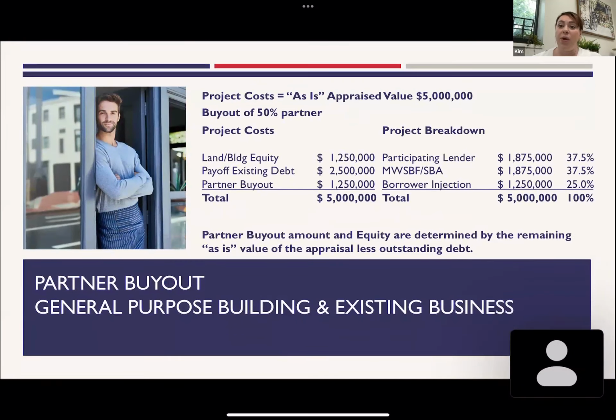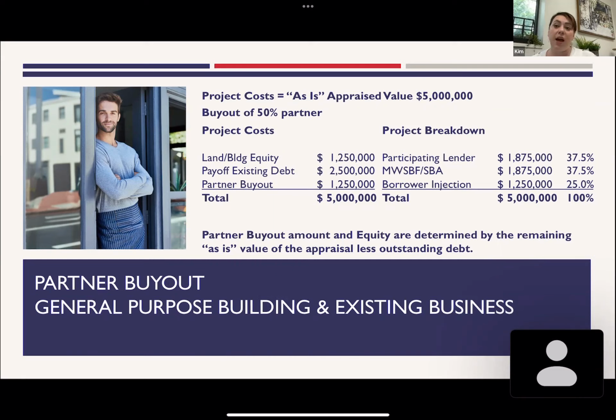All right, partner buyout. Pretty much what they do to determine the partner buyout amount is they take the as-is appraised value. And in this case, I used an example, there's 50-50 on the partners. The exiting partner owns 50%.